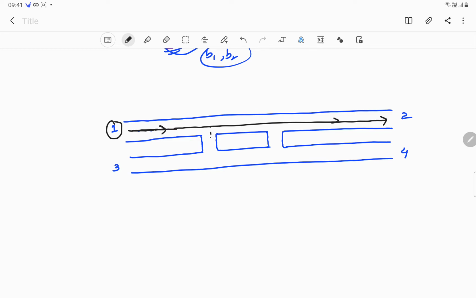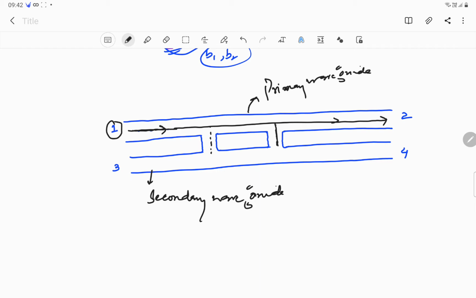And some part of the energy, as I said, gets coupled to the secondary waveguide. 1, 2 is our primary waveguide. So some part of this energy gets coupled or leaks through these holes to the secondary waveguide 3, 4.